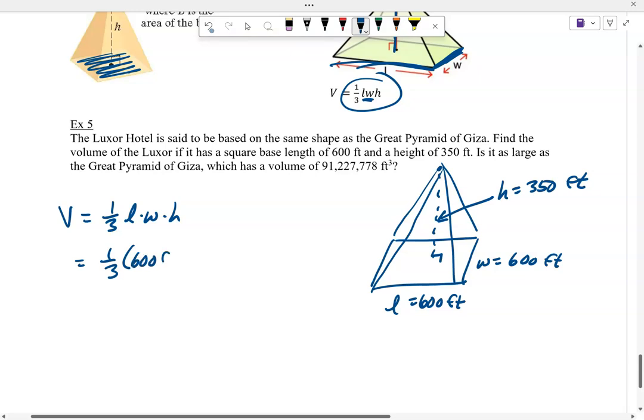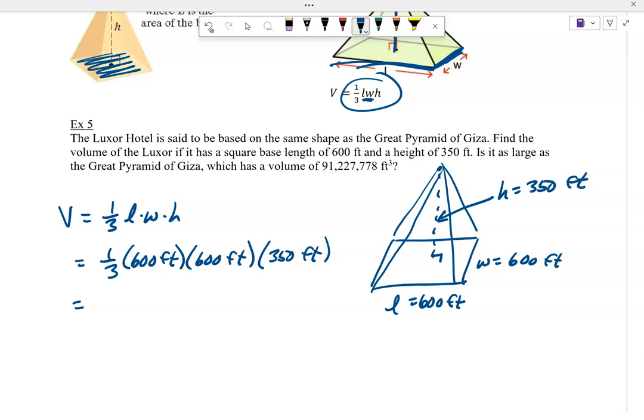So we got 600 feet times the width of 600 feet, and of course a third of this, times 350 feet. So I take my calculator and I punch in 600 times 600 is 360,000 times 350 is 126 million.